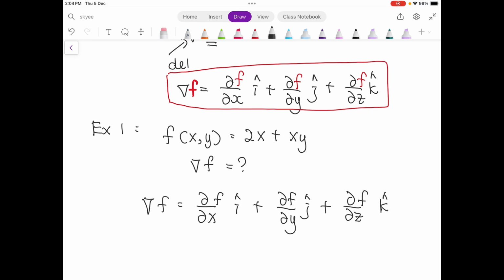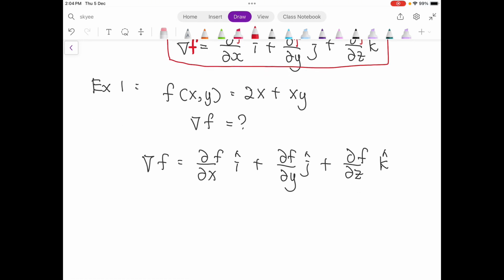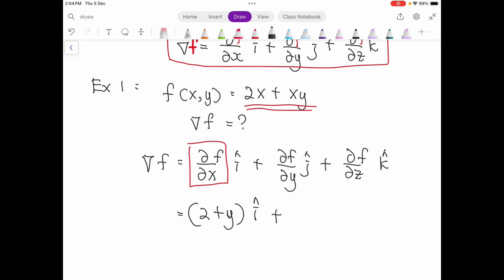For the first term, you differentiate the function with respect to x, and you get 2 plus y. This belongs to your i component. For the second term, you differentiate with respect to y, so you have 0 plus x.